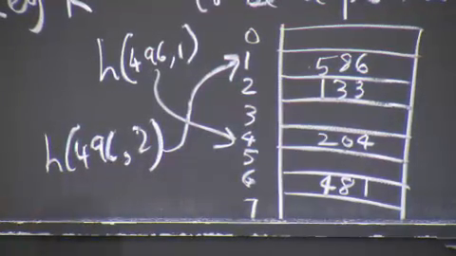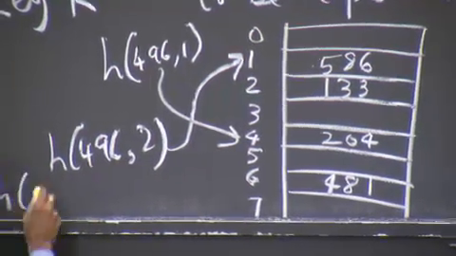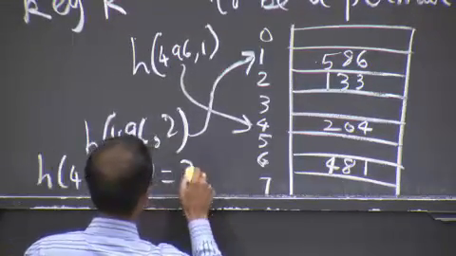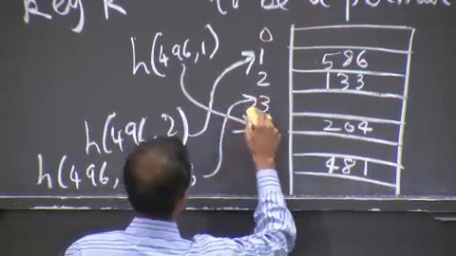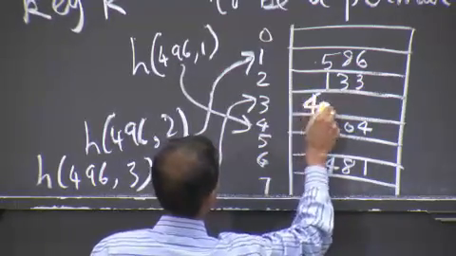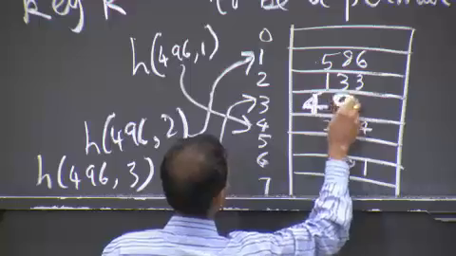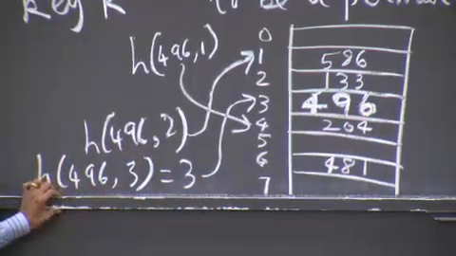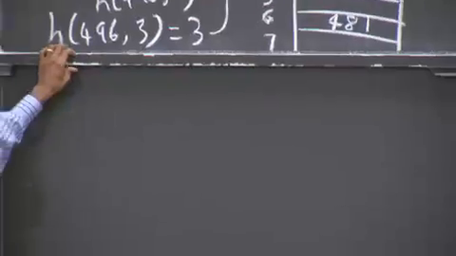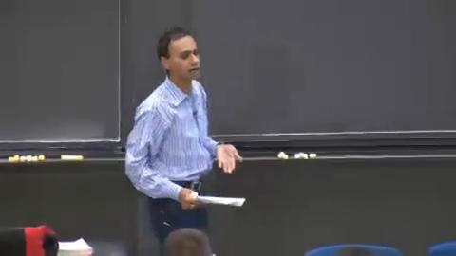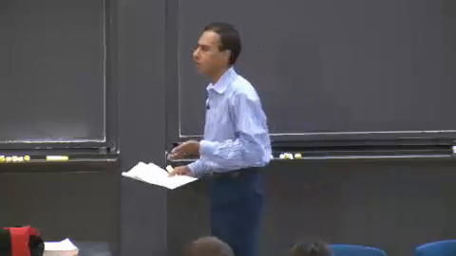And finally, it may be that h 496 3, which is your third attempt, equals 3. So you go in and you say, great, I can insert 496, and let me write that in bold here. So pretty straightforward. In this case, we've gone through 3 trials in order to find an empty slot.